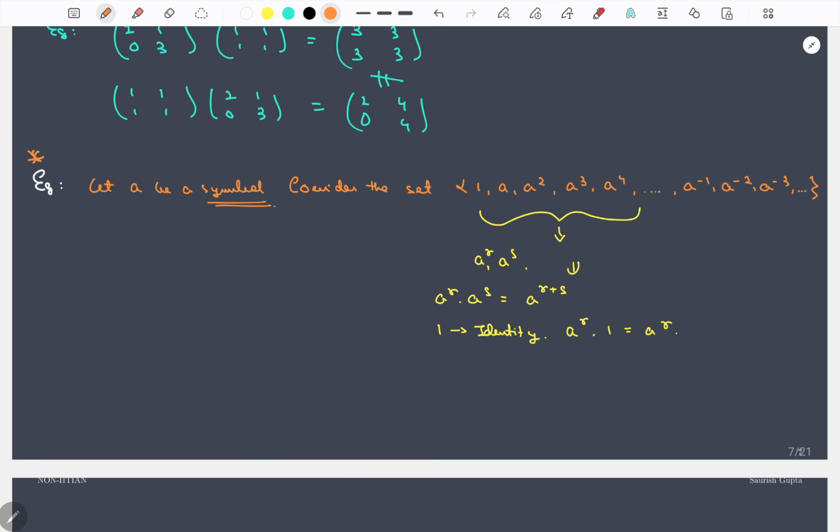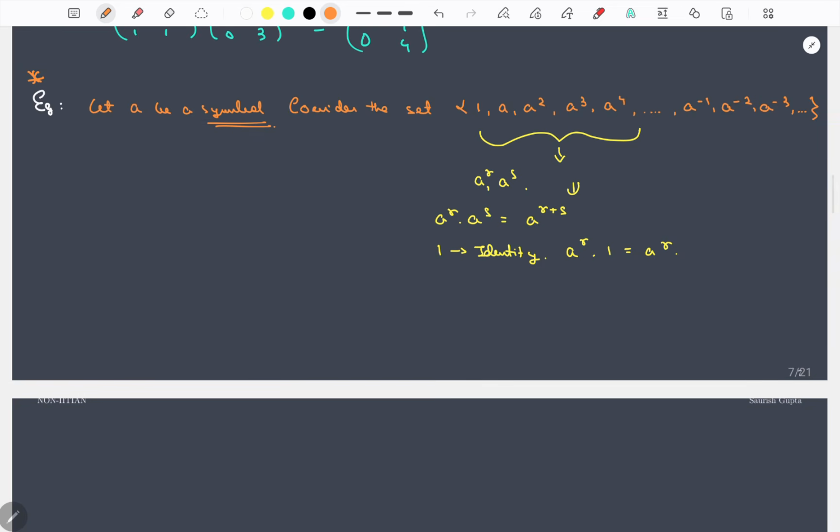So we take all natural powers of A and all negative integer powers of A as well and construct this particular set. Now we will readily have inverses, right? I have A to the power R times A to the power minus R to be 1 in the usual sense. In fact, this is also an abelian group because this multiplication is commutative, since integers are commutative with respect to addition. So this forms a group.